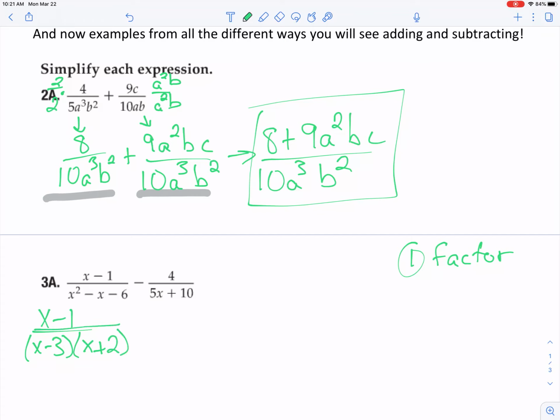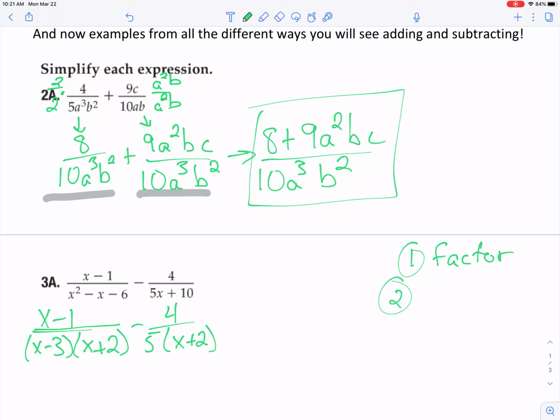When you get good at factoring, you don't have to do the table anymore. Then over here, notice it's not a trinomial on the bottom, but I can take a 5 out, so it would just be 5 times x plus 2.